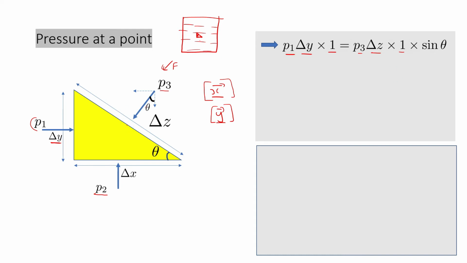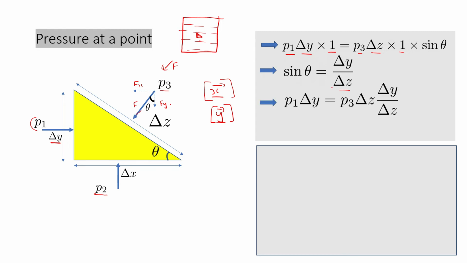If you resolve this force, this is Fx and this is Fy. So Fx will be equal to P3 into delta z into 1 into sine theta, and Fy will be equal to P3 into delta z into 1 into cos theta. And sine theta is equal to delta y by delta z, that is trigonometry.